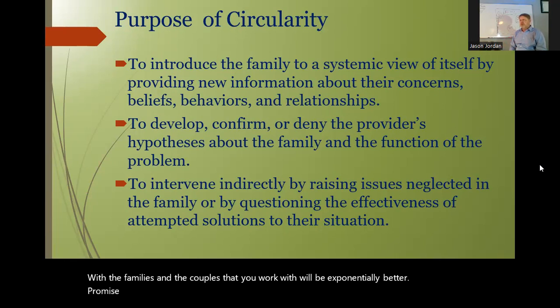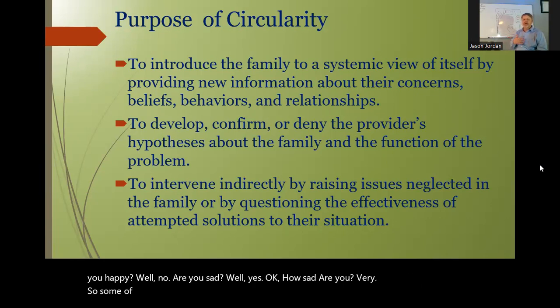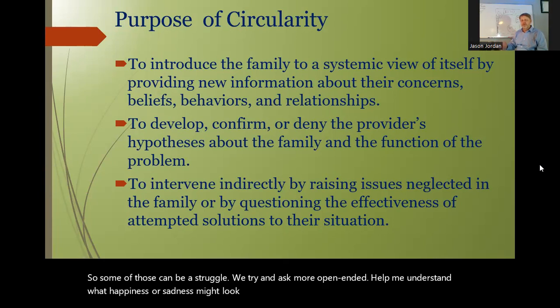Promise. You know, you've got those closed-ended questions that we try and avoid unless necessary, like, are you happy? Well, no. Are you sad? Well, yes. Okay. How sad are you? Very. So some of those can be a struggle. We try and ask more open-ended questions. Help me understand what happiness or sadness might look like for you.